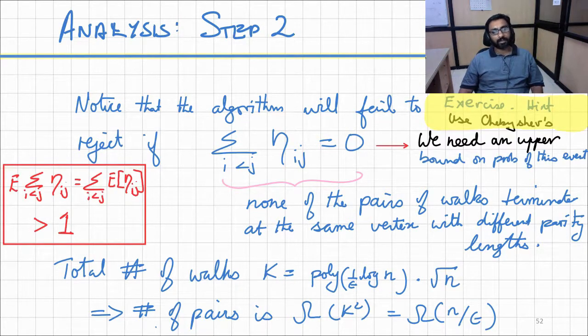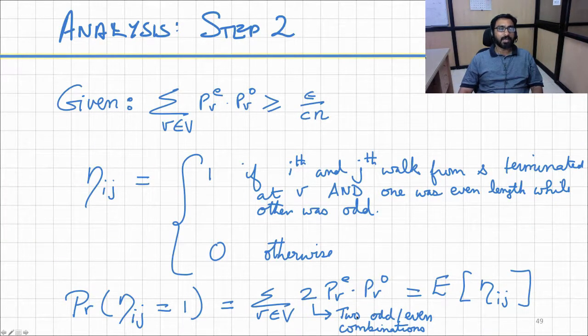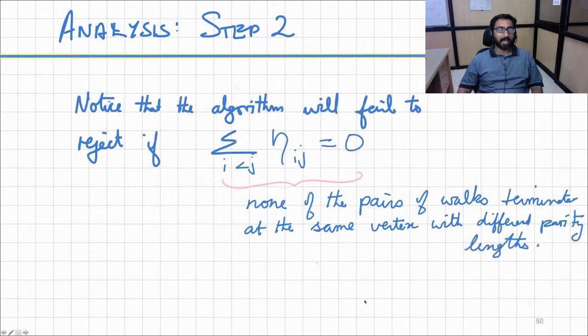With that, let's consider the expectation of the sum of the eta ij's. By linearity of expectation, that's nothing but the summation over all i less than j of the expectation of eta ij. And the expectation of eta ij, if you recall, is this quantity 2 pve times pvo summed over all vertices. And remember that we're now assuming that this is large, so at least some epsilon over Cn.